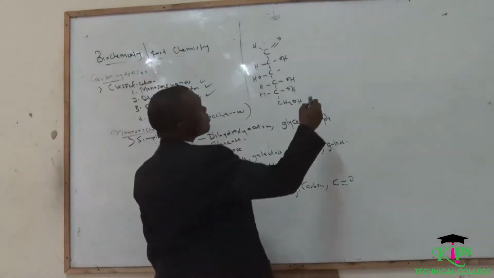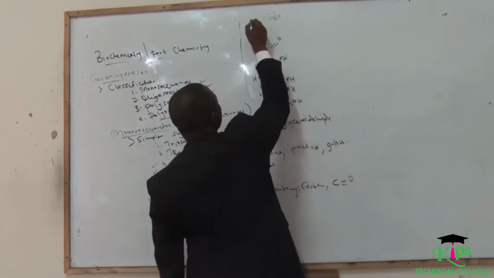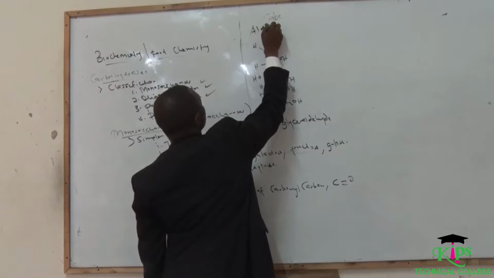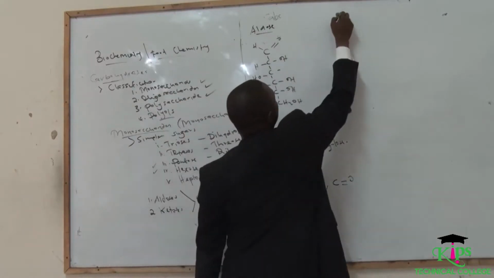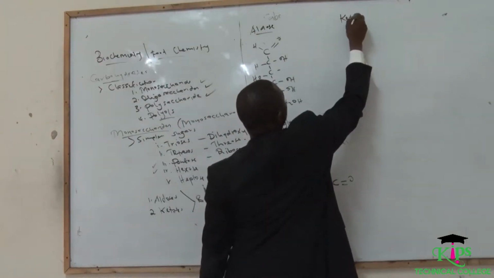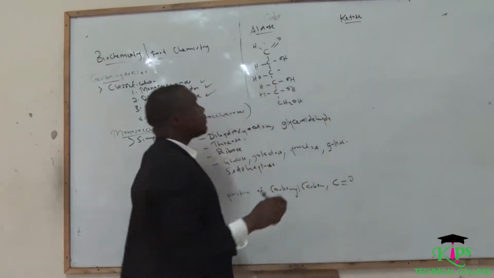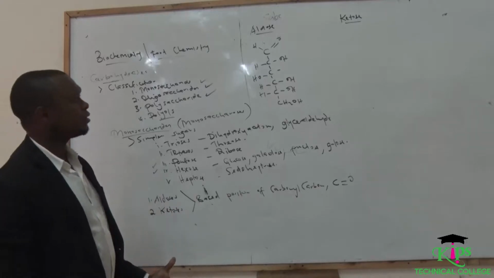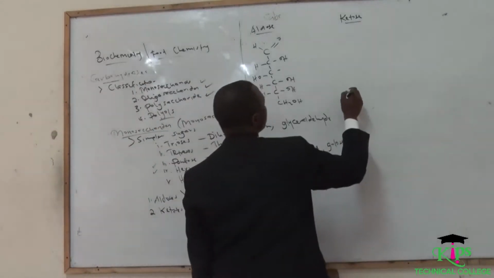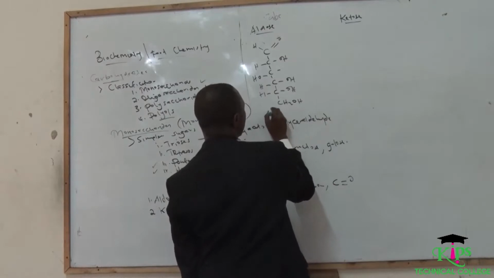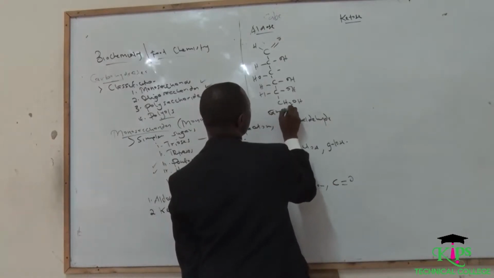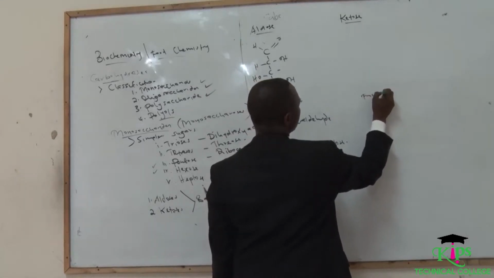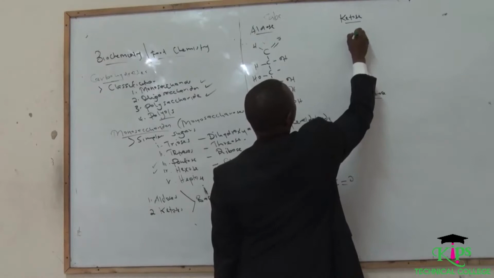Now sometimes, for the case of the ketoses, the carbonyl carbon is in between, but not at the terminal ends. Example is the fructose. Let's just draw the structure of the fructose.